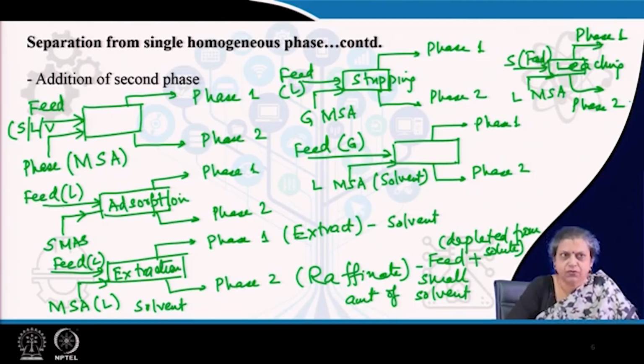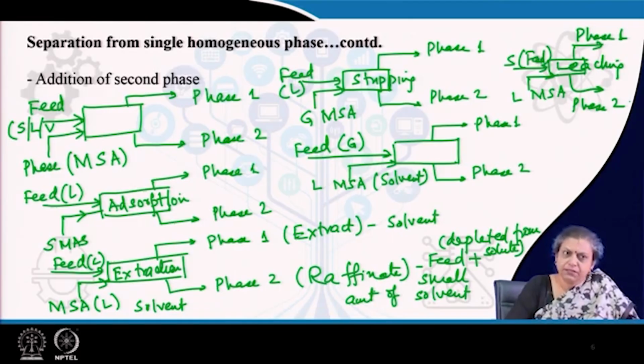Adsorption of water vapor from air, that is, drying of air, is a very well known adsorption process. Then dissolution of carbon dioxide from a carbon dioxide and air mixture by the addition of amines or water is a very standard, well known absorption process. In the same way, if you have a toluene and acetic acid mixture, you can add water to preferentially remove acetic acid from toluene.